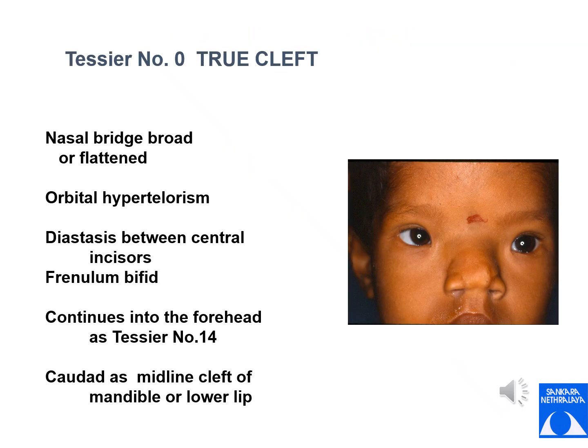The nasal bridge is broad or flattened. There is hypertelorism. Diastasis between central incisors. Frenulum is bifid. It continues into the forehead as Tessier number 14, or as a midline cleft of the mandible or lower lip.